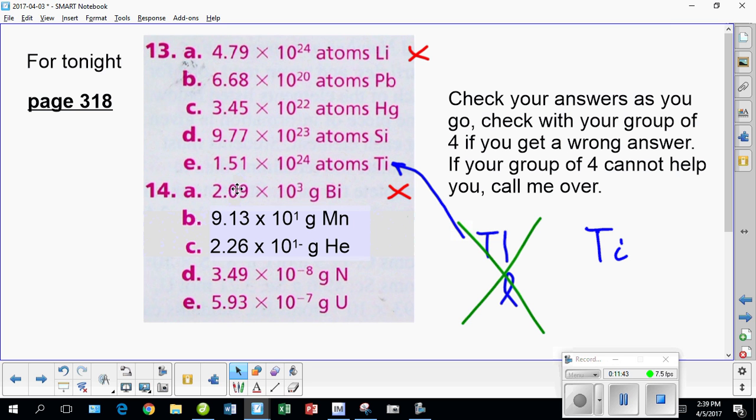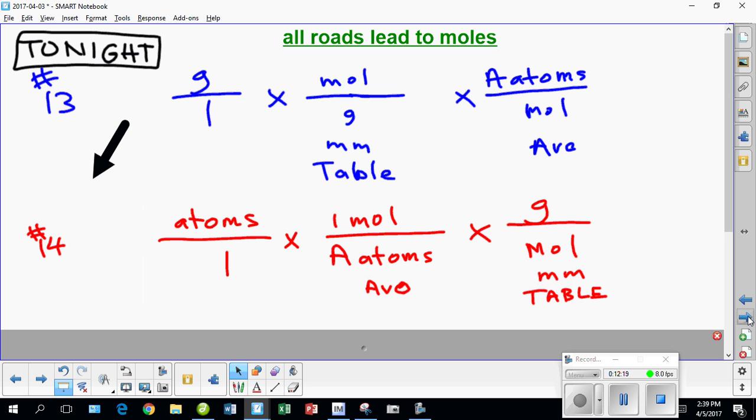That can't be. This is all the same number. What am I doing? Okay, so this is the answer. The answer's in grams, so we had to start in atoms. Okay? So atoms was the answer in the first one, and you started with grams. And here you started with atoms, and your answer was in grams. Start with grams, got to go to atoms. Start with atoms, you got to go to grams. And the molar mass, or the Avogadro number, is going to be used to get you to the center according to this little chart. Okay?